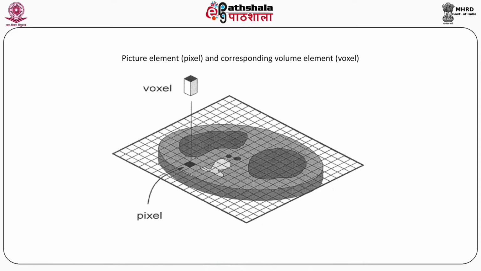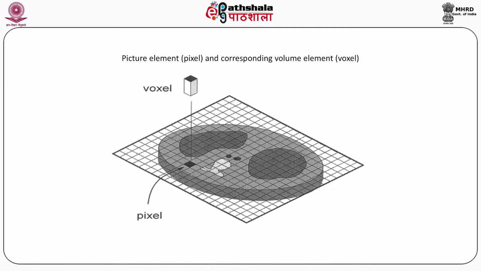Each pixel of the CT image represents a small volume, as you can see here in this figure, a voxel, which is the three-dimensional representation of the two-dimensional pixel. The average linear attenuation coefficient of each voxel has been derived from computation from a series of multiple projections.